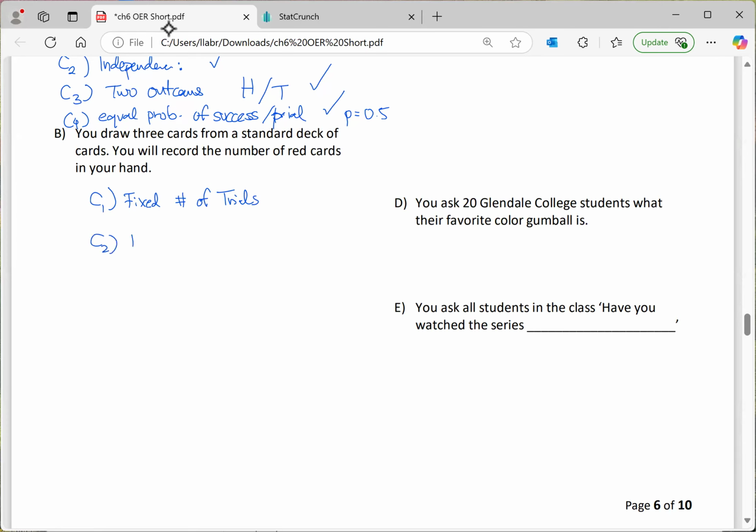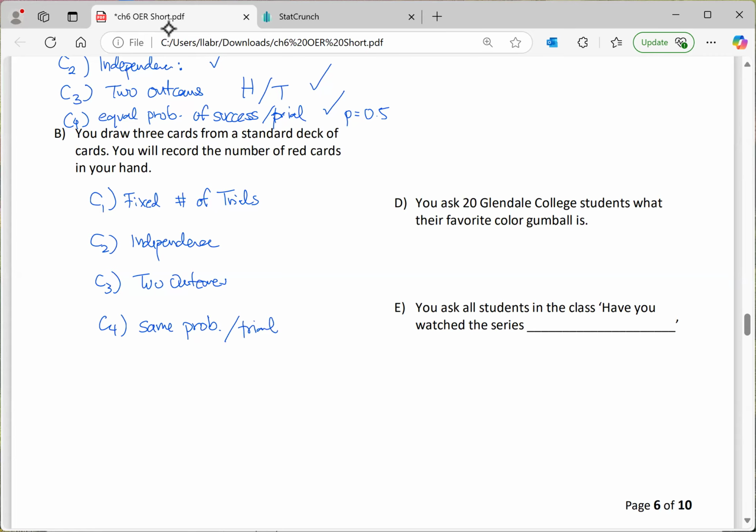Condition 2, independence of trials. Condition 3, are there 2 outcomes? And condition 4. Or instead of saying equal probability, because that sounds misleading, maybe let me say same probability of success per trial.